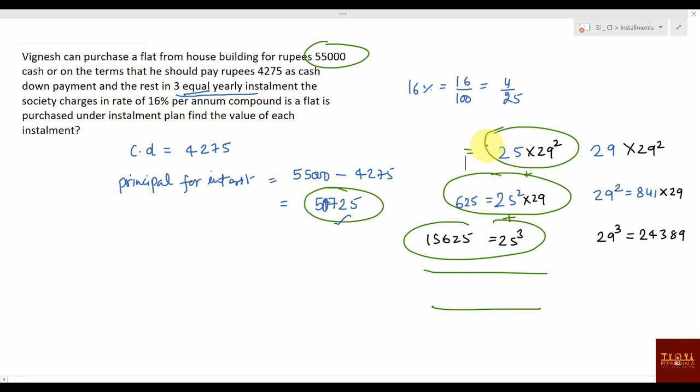Just a minute. So 841 into 25 is 21025. First principal. This one, 625 into 25, and 625 into 29, will become 18125, and this is already given, 15625. So if you add it, what will you get? Add it and tell me the answer.